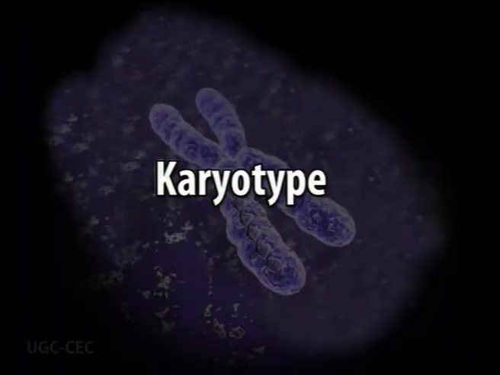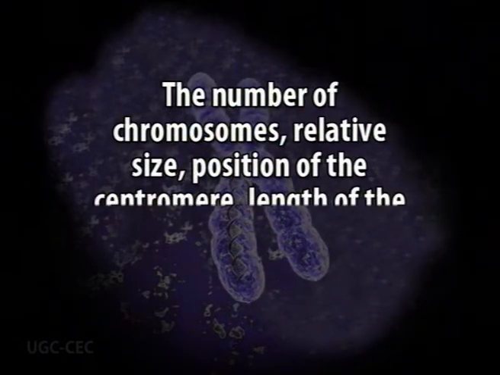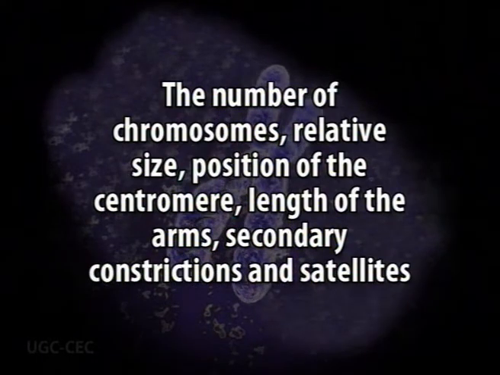Now, the karyotype. The name karyotype is given to the whole group of characteristics that allow the identification of a particular chromosome set, that is, the number of chromosomes, relative size, position of the centromere, length of the arms, secondary constrictions, and satellites.